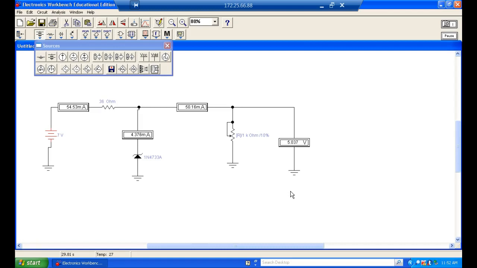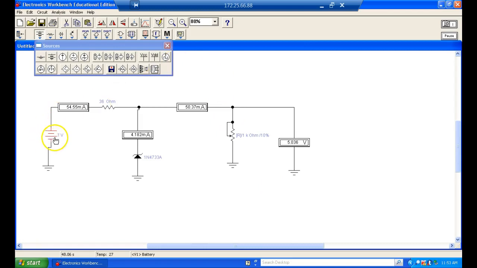But notice if the load current went up, the Zener current automatically went down. If load current goes down, the Zener current automatically goes up. If input voltage goes up, the load current doesn't change, the Zener current goes up.